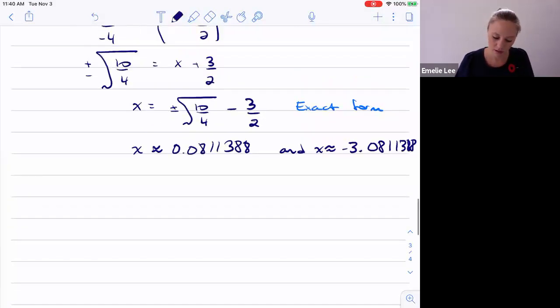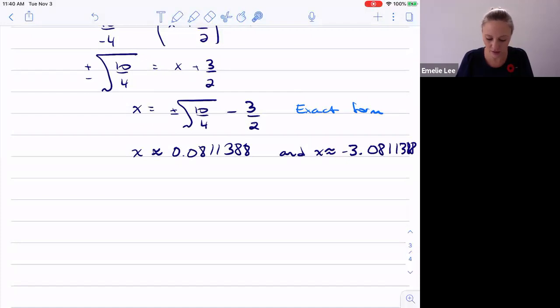This will be a lot easier to deal with, right? These decimal approximations, when we're sketching our graph, which is one of the things we have to do.